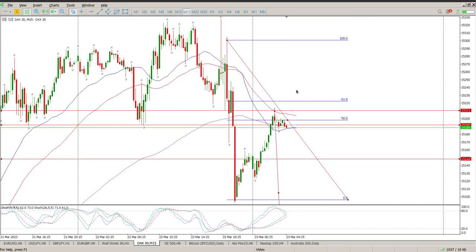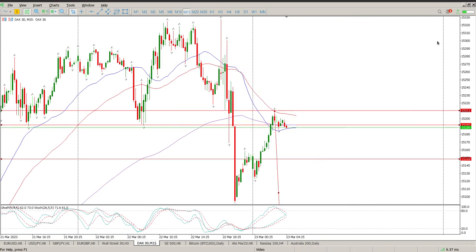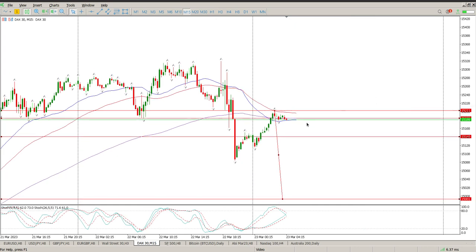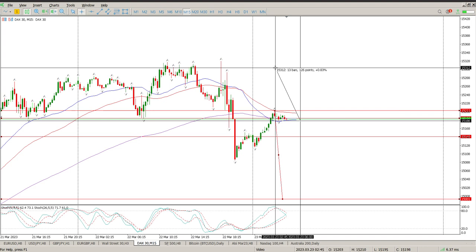So let's just get rid of some of the noise quickly. Okay, so that seems to be the logical play at the moment, looking at the 15 minutes. So you'd be looking for some kind of rejection here, so wait for the market to open. If you get the rejection, it is kind of a 50-point stop loss, so it's well worth the trade.